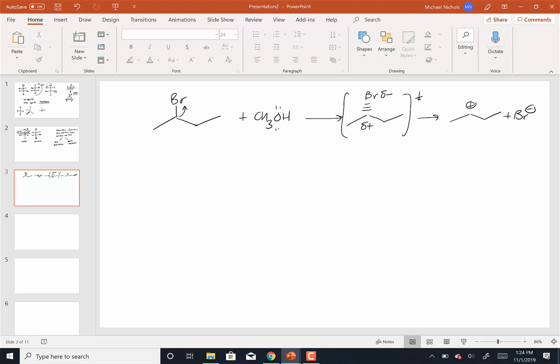Then the second step is going to be to have the CH3OH, the oxygen of that, add to the carbocation. And so if it adds to the carbocation, we're going to have a dotted line to the oxygen with the CH3 and the H attached to it. And then that's going to go to form the O with the CH3, with the H with the plus charge, as our oxonium ion.